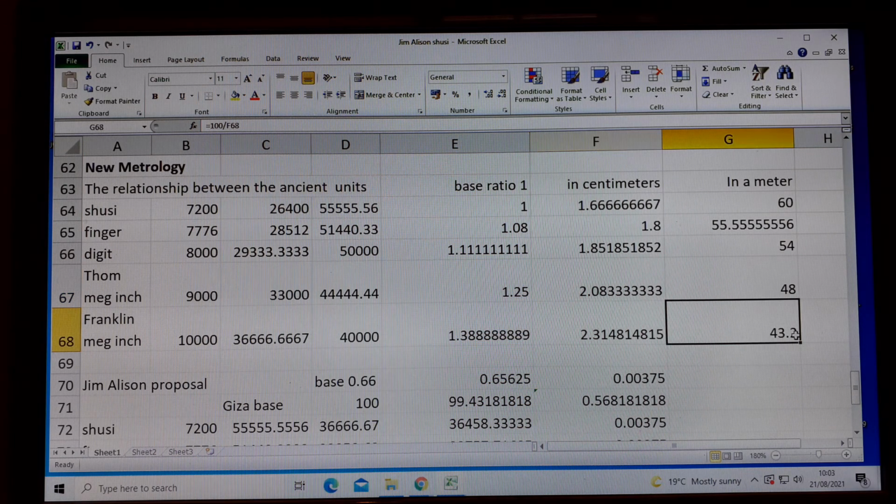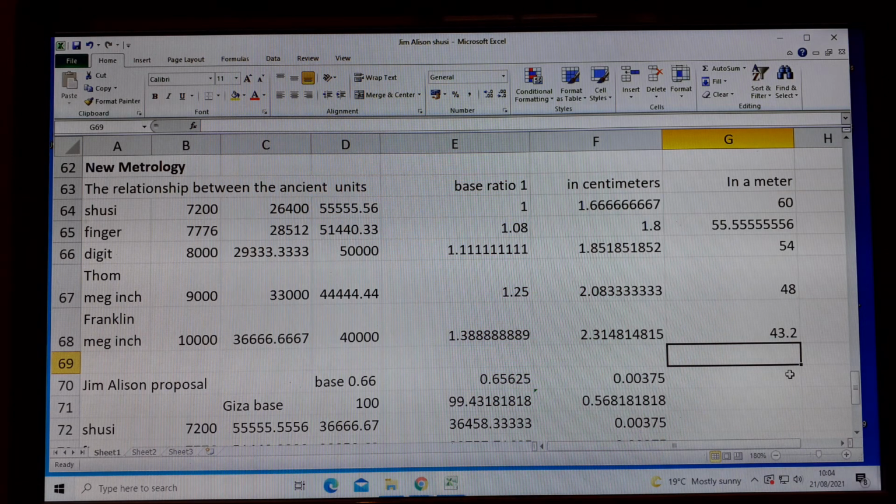And then the final one we get this beautiful number 43.2, which is an Earth circumference number, and if you divide it by 12, you get, let's have a look, 3.6. 360 is an Earth circumference number, obviously, because it's the number of degrees.